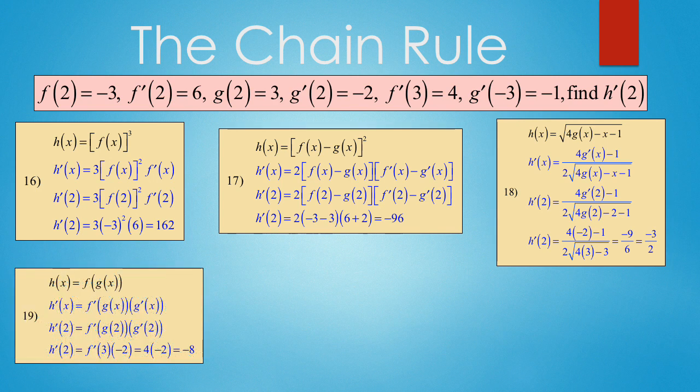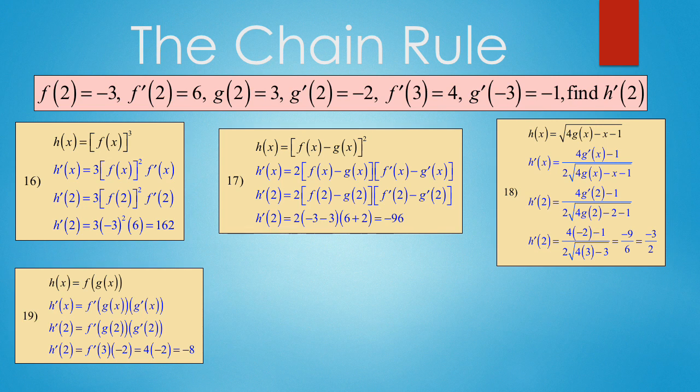Number 19 reads h of x is equal to f of g of x. This is called the composite function, and sometimes students get confused over it. The derivative of f of something is f prime of that something times the derivative of that something. So h prime of x is f prime of g of x times g prime of x.